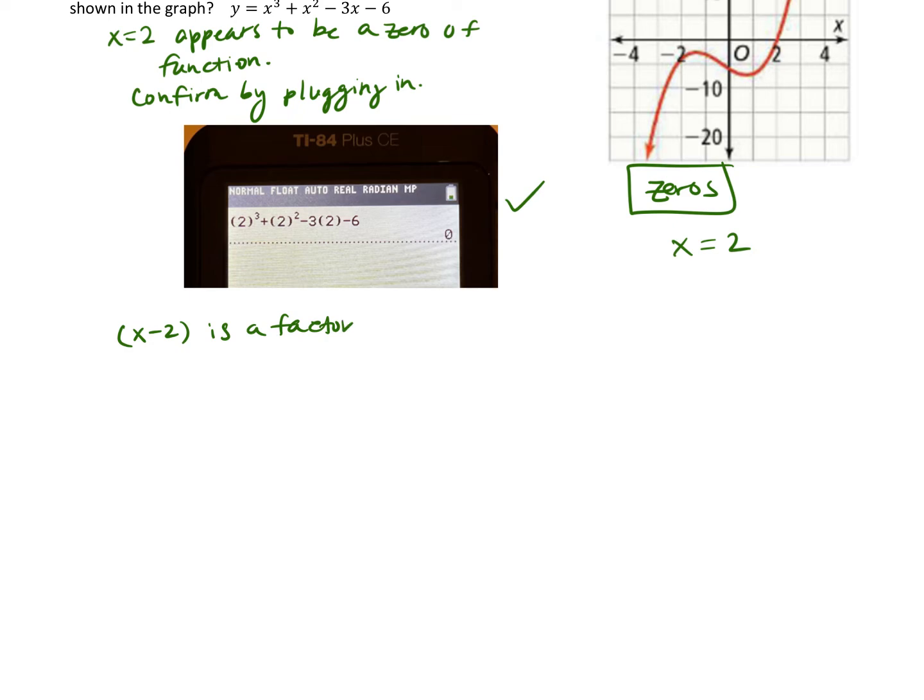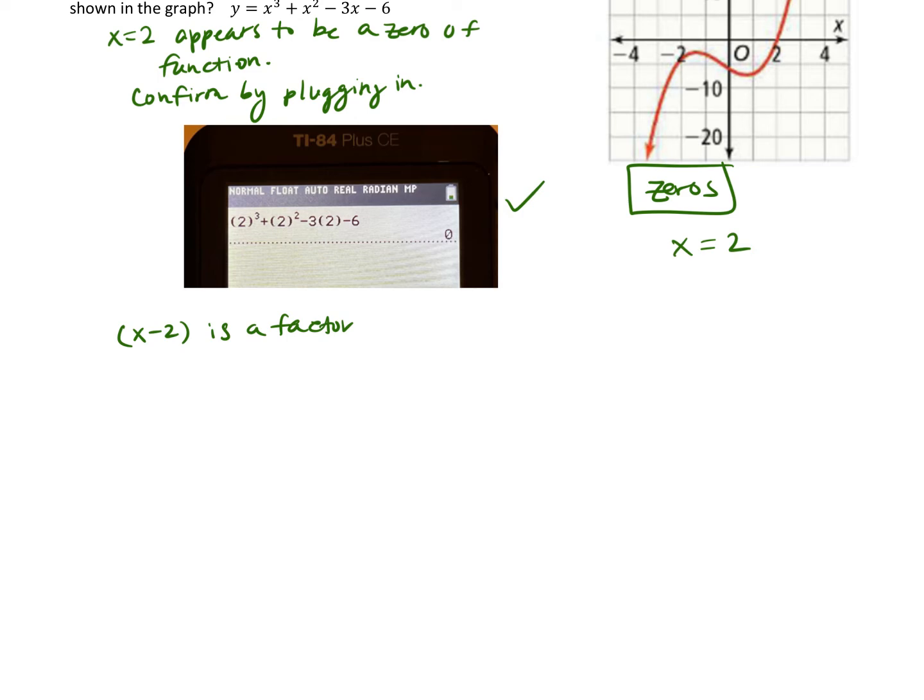What we're going to do is divide out an x minus 2 from our polynomial. We could do this with long division, or we could do this with synthetic division. Because what we want to divide by, x minus 2, is just a linear x to the first power, we can go ahead and just do synthetic.